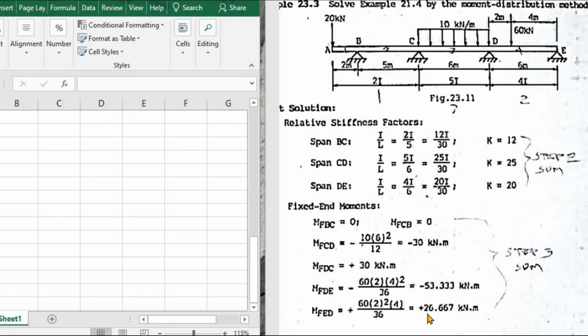Okay, so that is second step ng MDM, which is similar to step 3 of SDM. SDM is slope deflection method. MDM is moment distribution method, which leads us now to the Excel table.